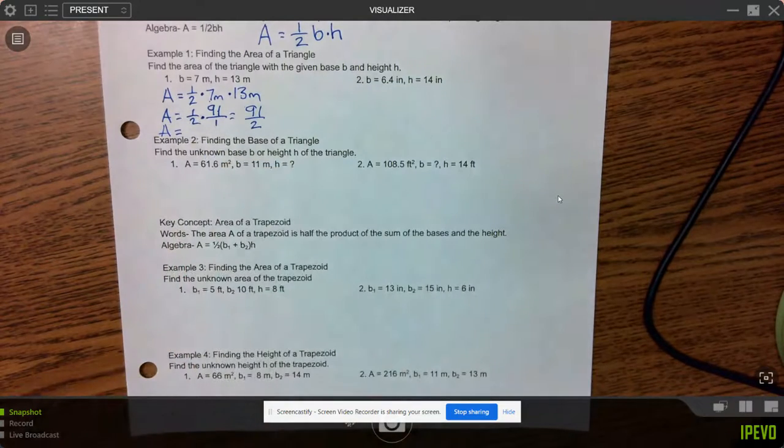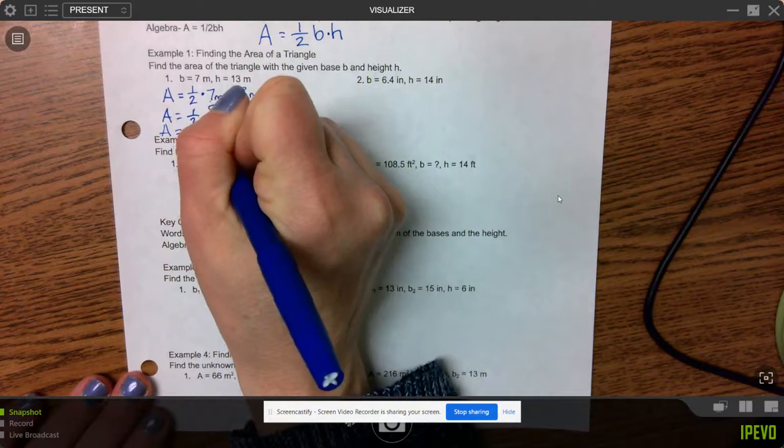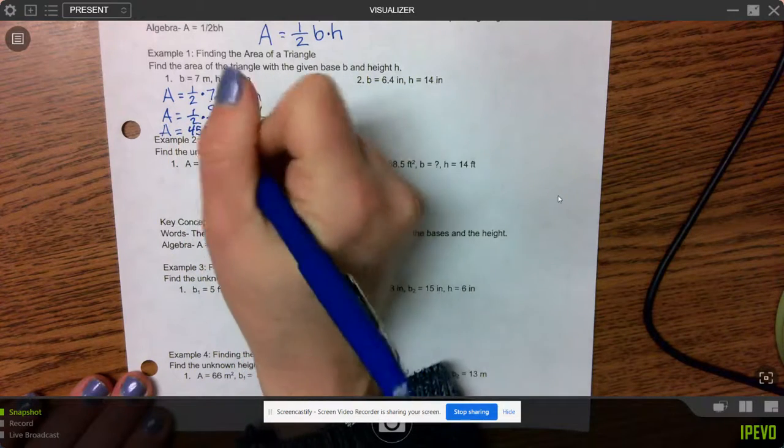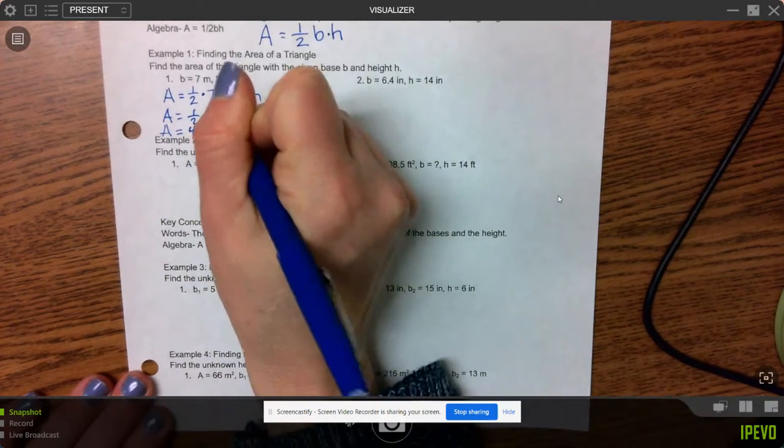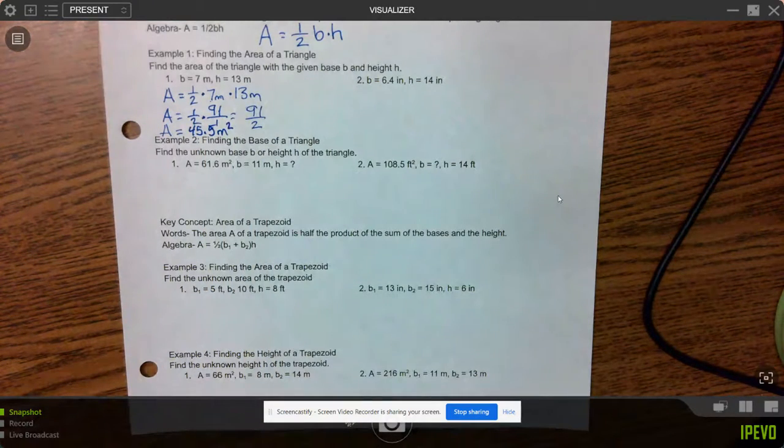So 91 divided by 2. And we get 45.5. And remember, we multiplied meters by meters, so our answer is going to be meters squared, because we multiplied a meter by a meter.